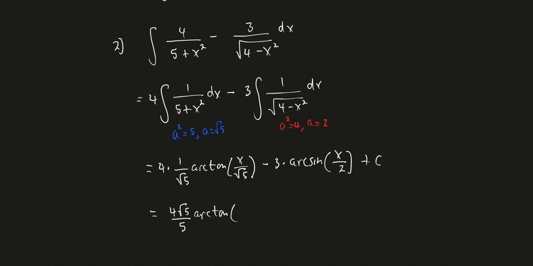We could rationalize this too and write it as root 5x over 5. You could do that. And then this one, there is no rationalization needed. So then it's minus 3 arcsine of x over 2 plus c, right?